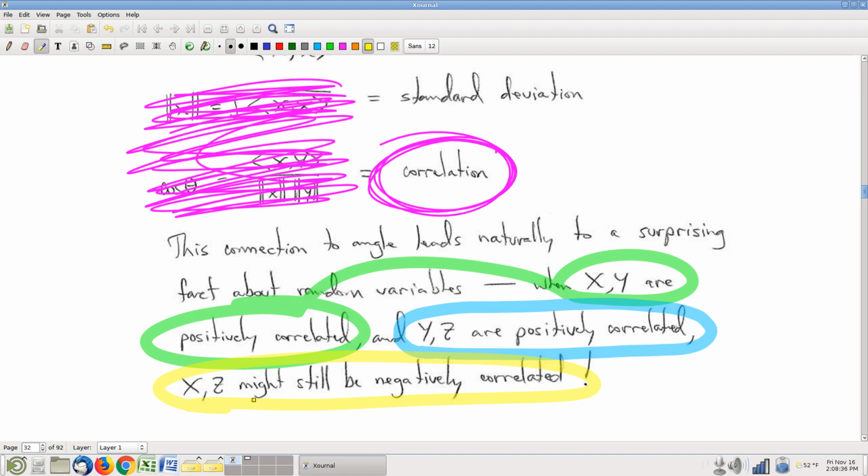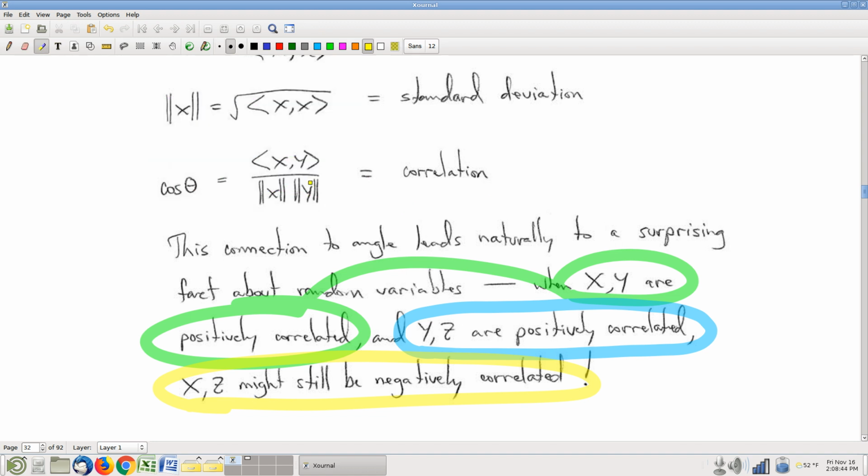Now, mystery. Now let me tell you why this is perfectly obvious. And it comes from thinking about angles. It comes from taking a linear algebra point of view on this. Correlation can be thought of as a cosine.